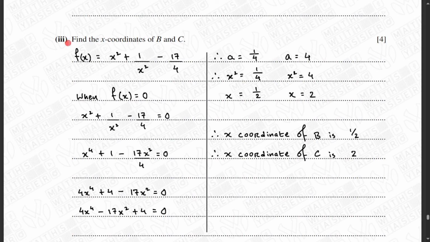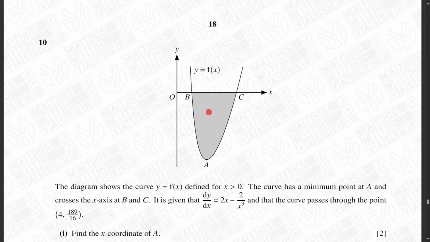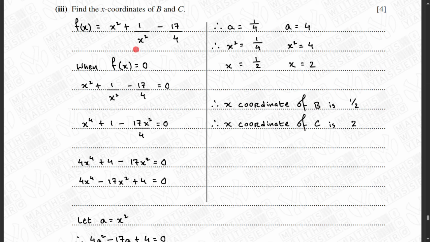In the third part of the question, we need to find the x coordinates of B and C. Let's look into the diagram again. So this was the diagram and we are now required to find B and C, which lie on the x-axis. So at the x-axis, y is 0. That means f of x is equal to 0. So x square plus 1 over x square minus 17 by 4 must be equal to 0.